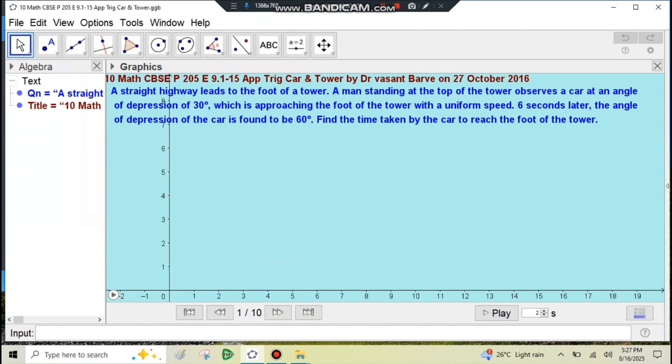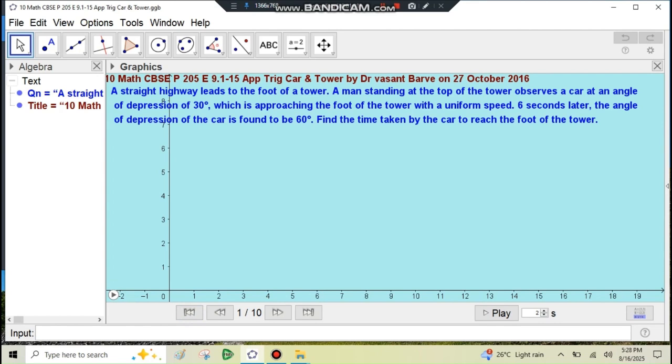A man standing at the top of the tower observes a car at an angle of depression of 30 degrees. Car is approaching the foot of the tower with a uniform speed, and 6 seconds later, the angle of depression of the car is found to be 60 degrees. Find the time taken by the car to reach the foot of the tower.